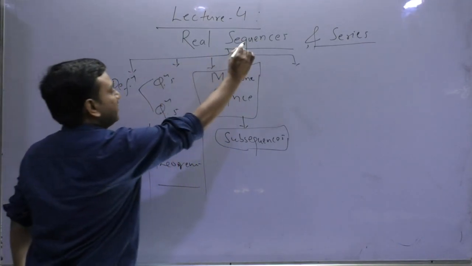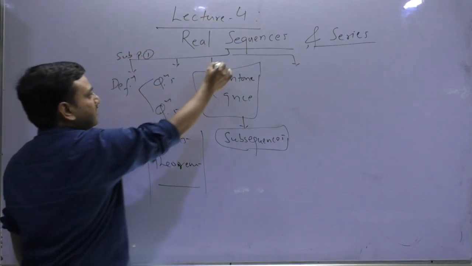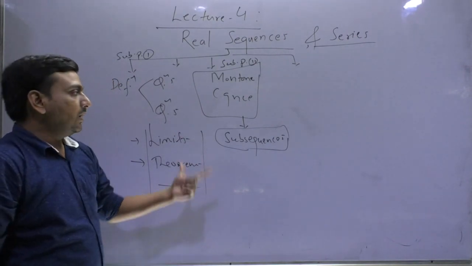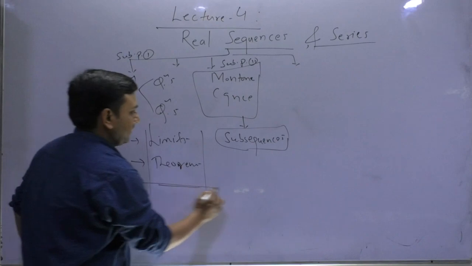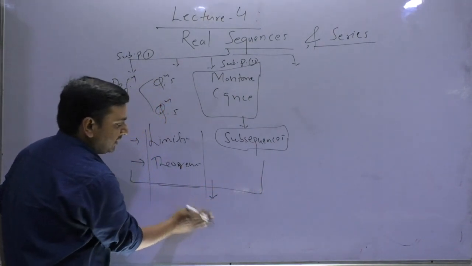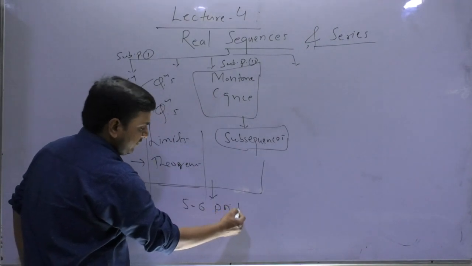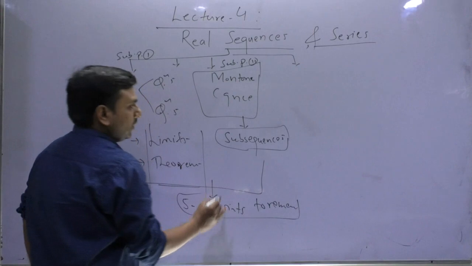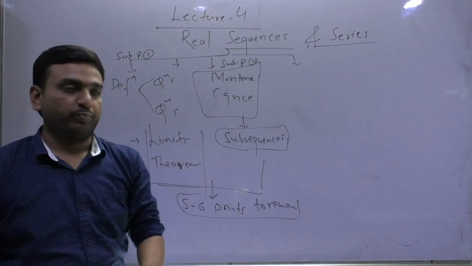So in real sequences, this is the first sub part, this is the second sub part. After this we will summarize this chapter, and we will have ultimately hardly 5 to 6 points to remember. So for sequences we will do this.